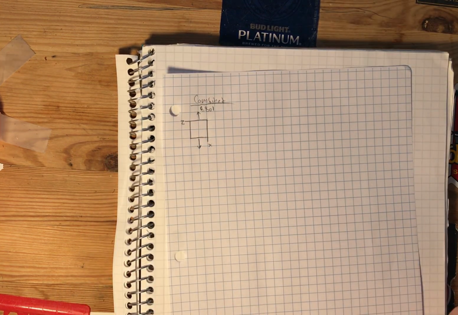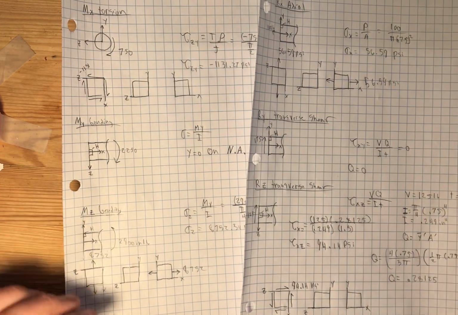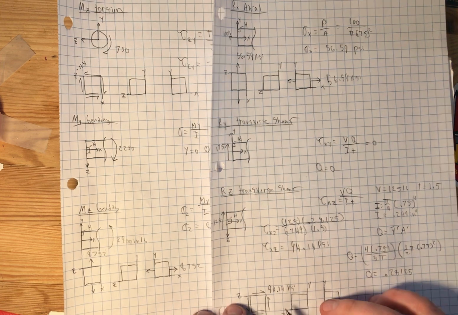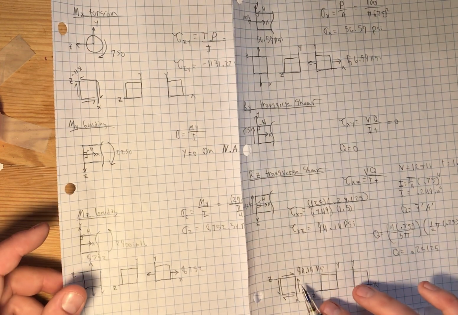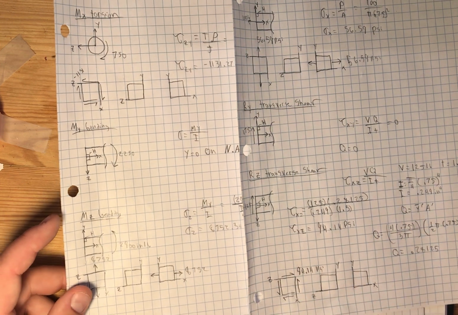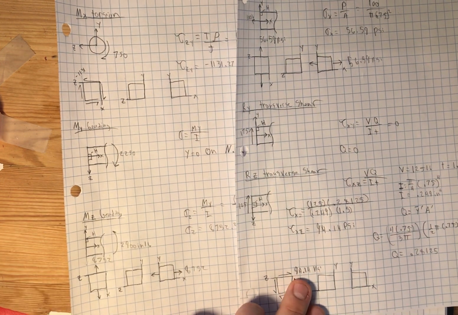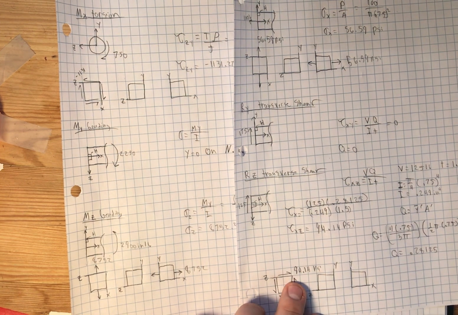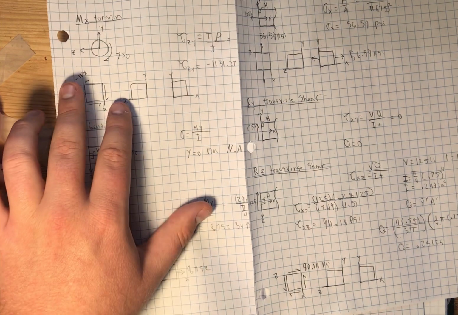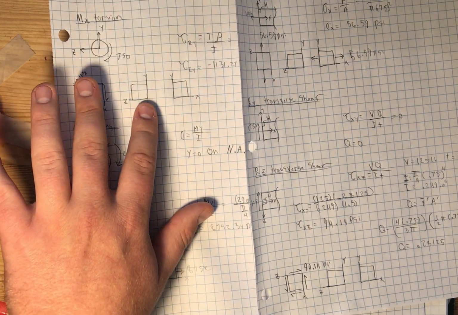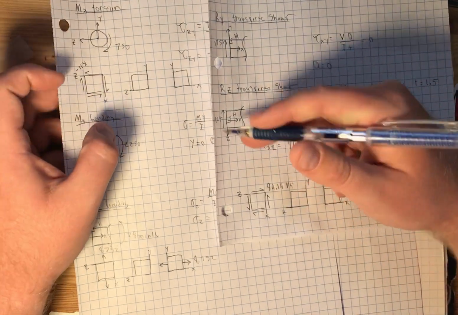Then using the same concept, we add the shear stresses together, which this is 94.14 positive, and then negative, where's the other one? Oh yeah, negative 1,131. But you have to keep in mind this is positive and this is negative.